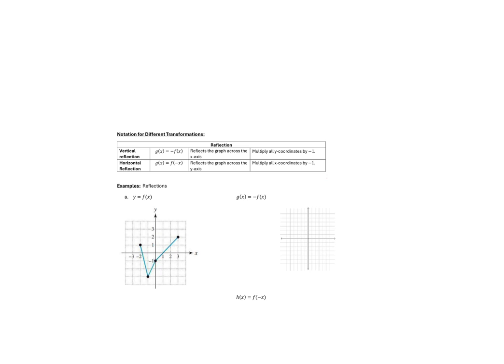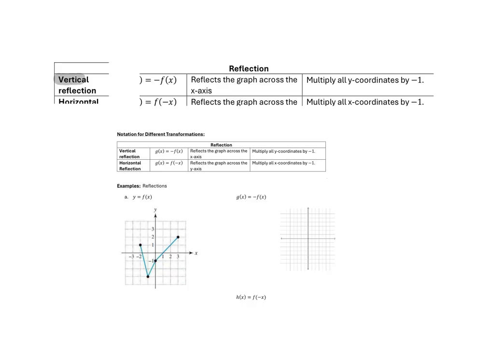Now, technically, there are two reflections. The first one we have is going to be a vertical reflection. And so for a vertical reflection, we are going to have a negative outside our function. And what this does is it reflects the graph across the x-axis.